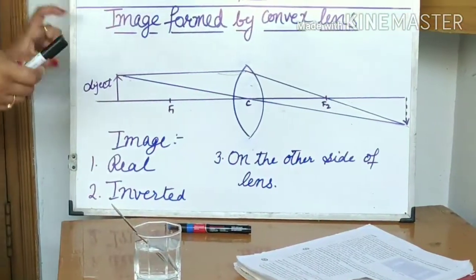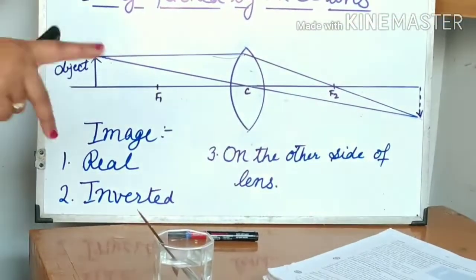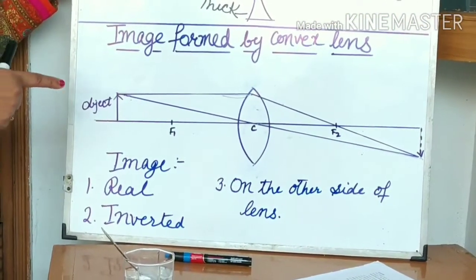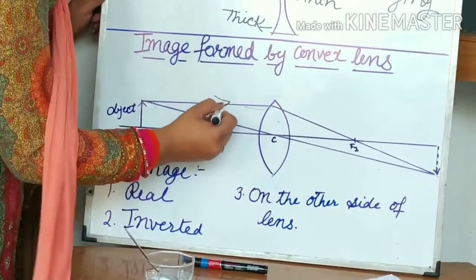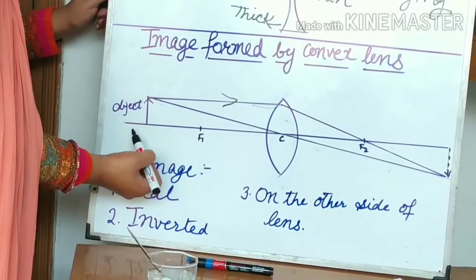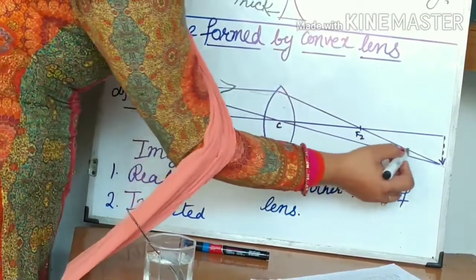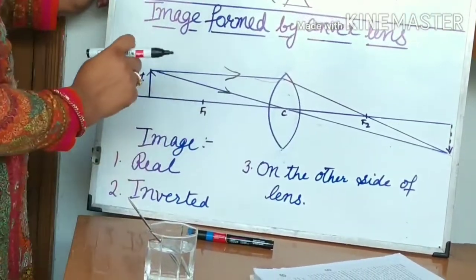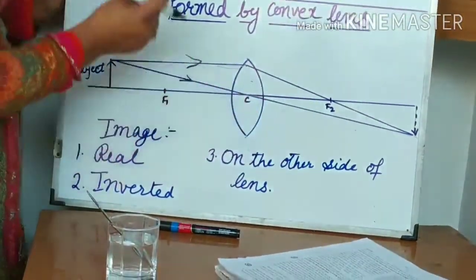Whenever we have to see the images, mainly we need to take two rays. I have already explained why we have to take two rays. First we will always take a ray parallel to the principal axis. And another ray we take passes through the optical center. It is convenient to take this ray because it always retraces back.